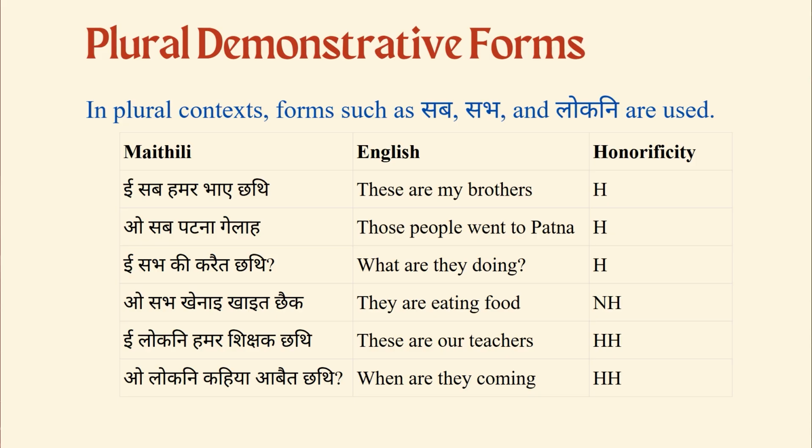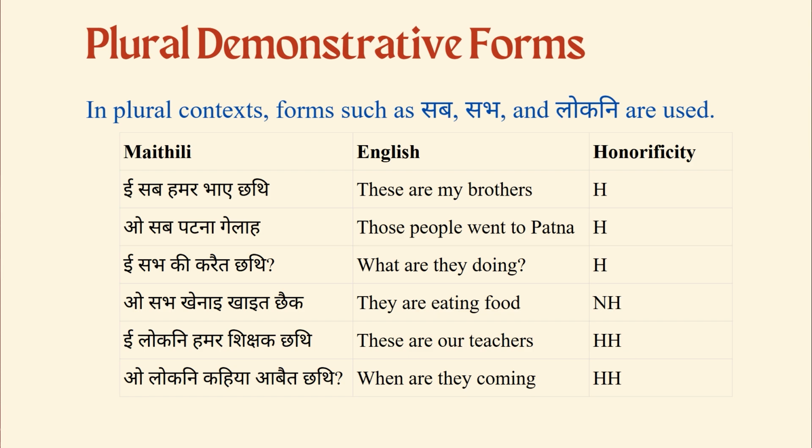Now how do we use plural demonstrative? So when we have to refer to more than one people or more than one thing, how will we do that? Let's understand that by a few examples. When we have to say something like these are my brothers, we will say ई सब हमर भाई छथिन.